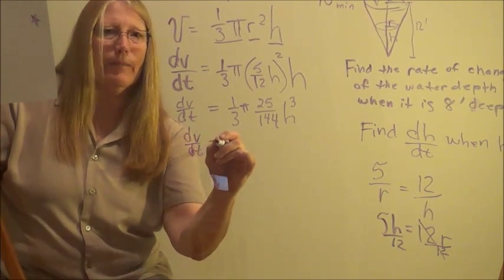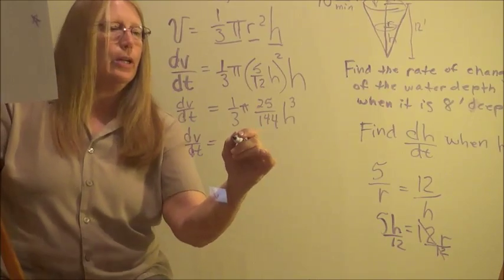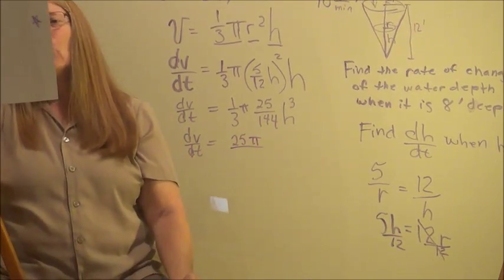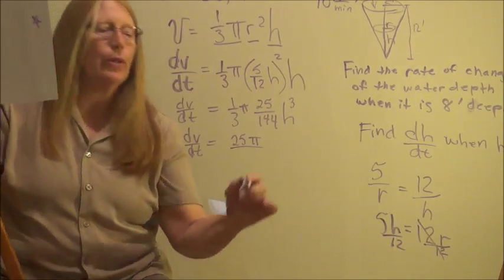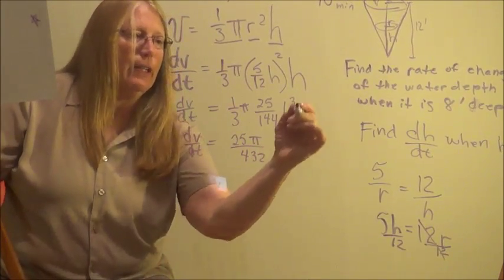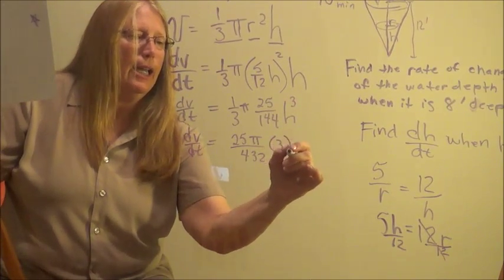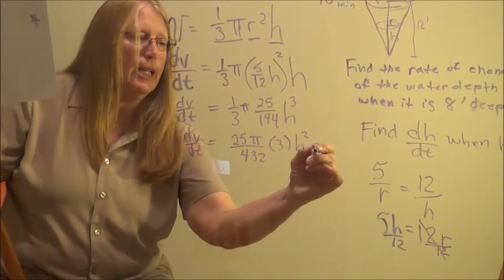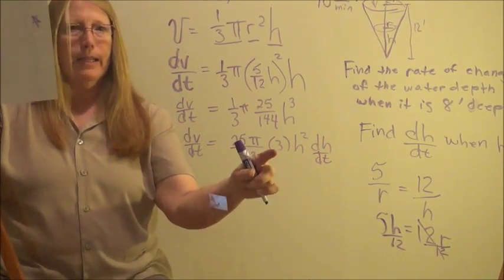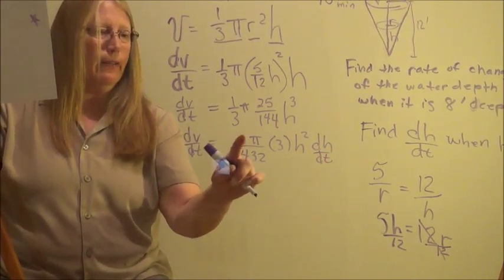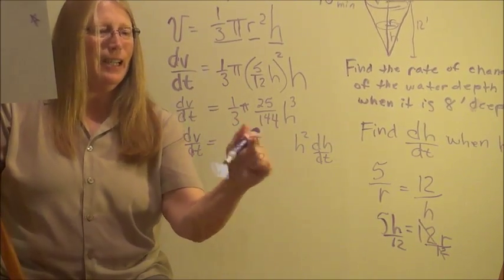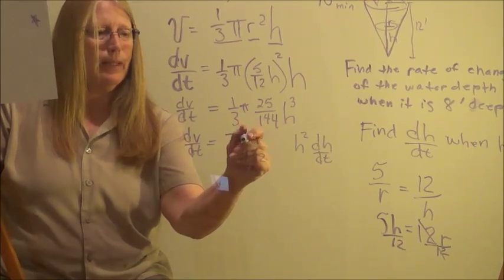dv dt equals 25 pi over 3 times 144, which is 432. And now I'm going to take the derivative, 3h squared dh dt. All right, I'll combine the 3 and the 25, and make it a 75 on this step so I don't have to rewrite.